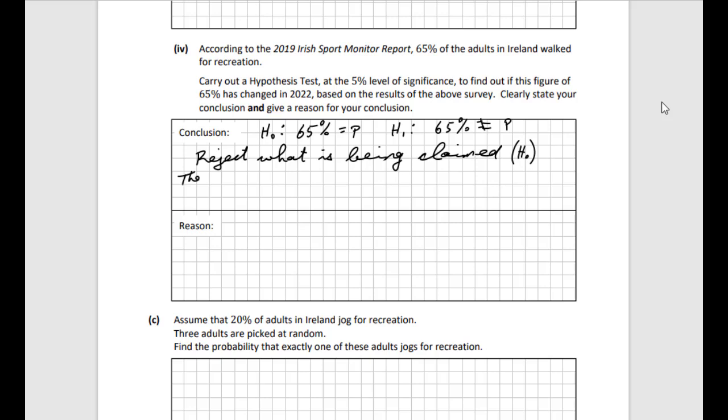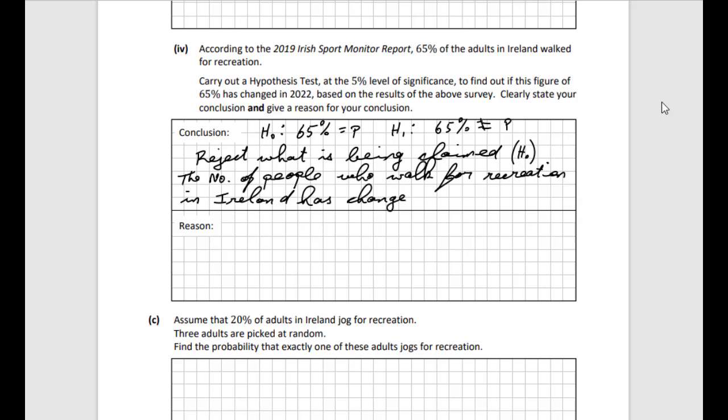In other words, the number of people who walk for recreation in Ireland has changed. So it is not 65%. It's not even the number of people, the proportion of people, or the percentage is really what I should say here.